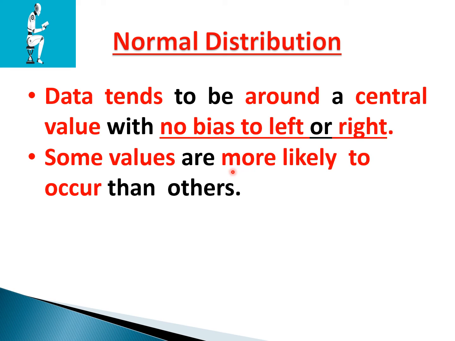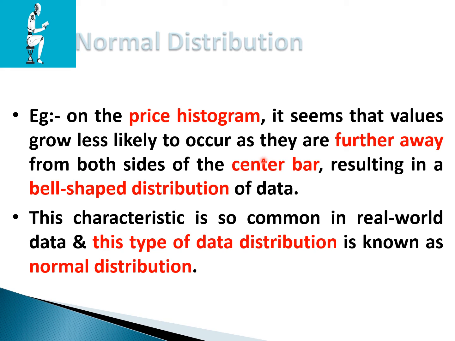Then the idea of normal distribution. In a normal distribution, the data tends to be around a central value with no bias to left or right, and some values are more likely to occur than others. Such a distribution is known as normal distribution. We can plot the data in the format of a curve. On the price histogram, it seems that values are less likely to occur as they are further away from both sides of the central bar, resulting in a bell-shaped distribution of data.